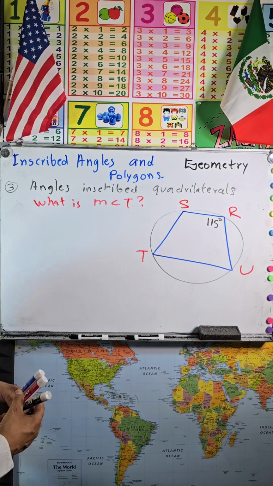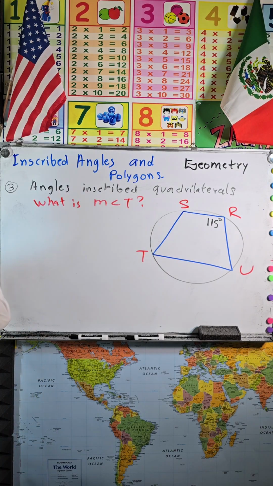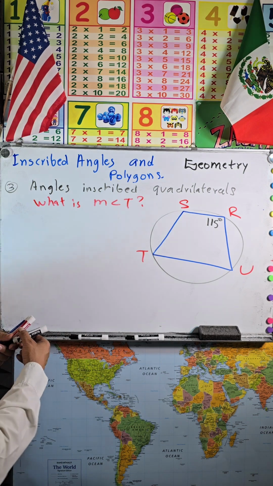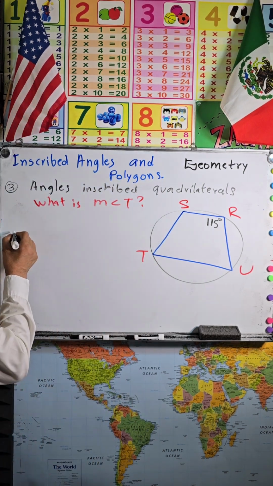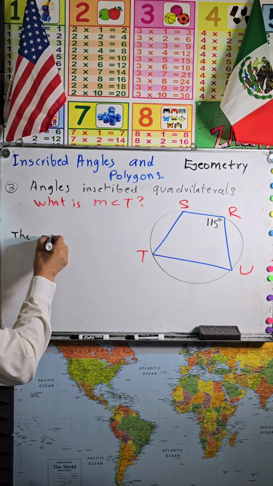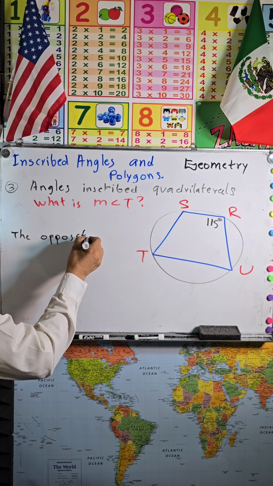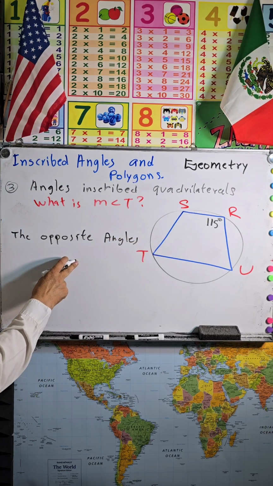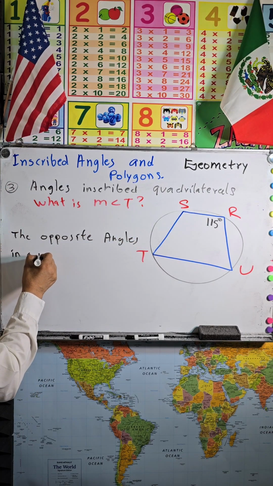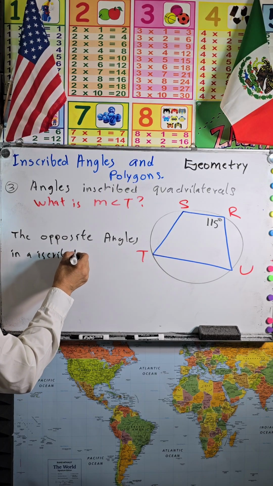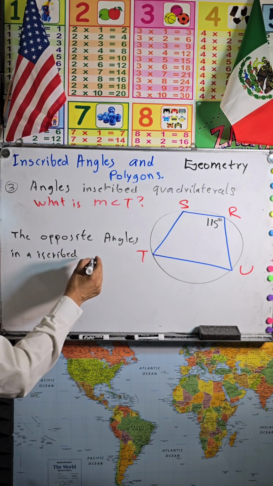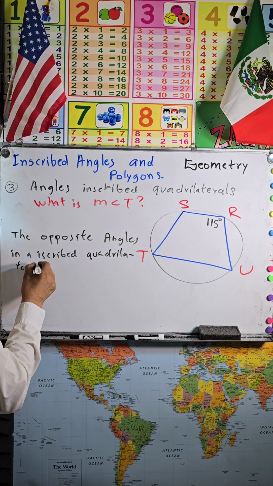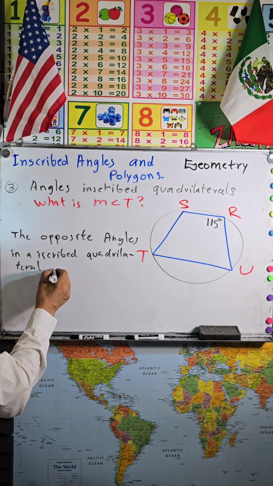All right. So for instance, remember the opposite angles in inscribed quadrilaterals are supplementary. Let's write this rule: the opposite angles in an inscribed quadrilateral are supplementary.